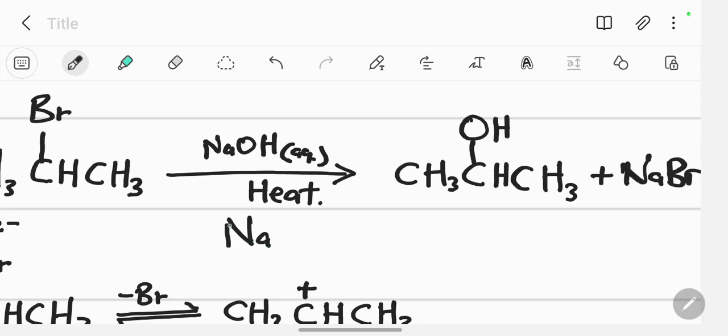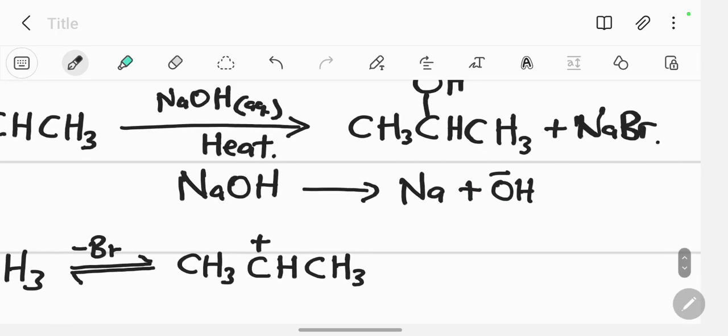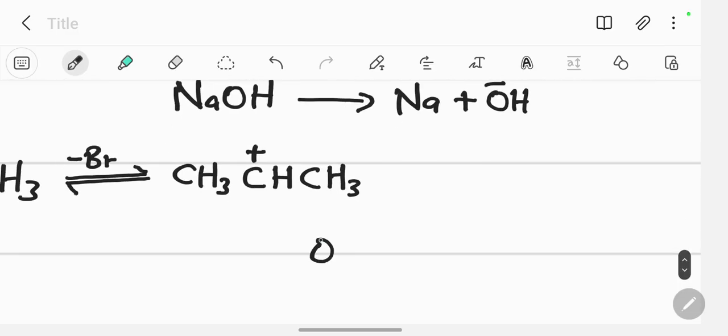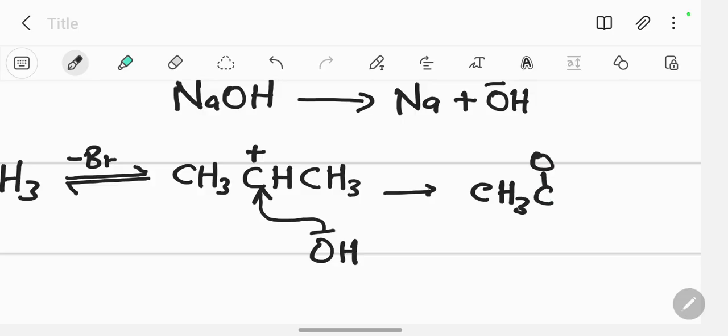So remember that our sodium hydroxide has dissociated or ionized to give us sodium ions and the hydroxyl ions. So these hydroxyl ions in solution are going to attack immediately and they will form CH3, C, OH, H, CH3.